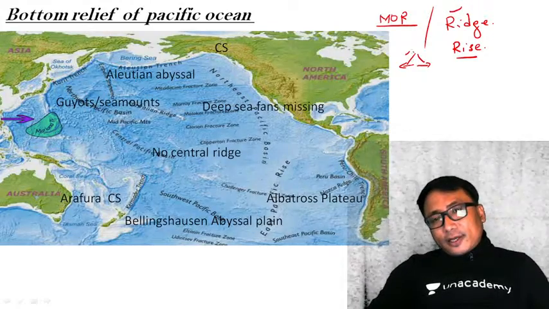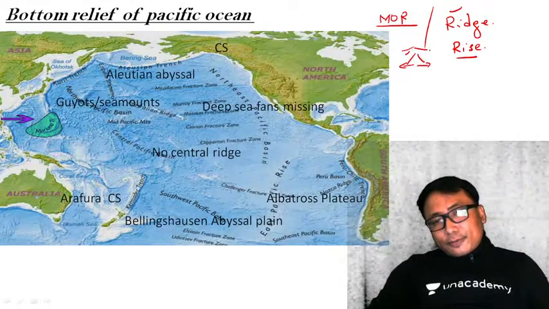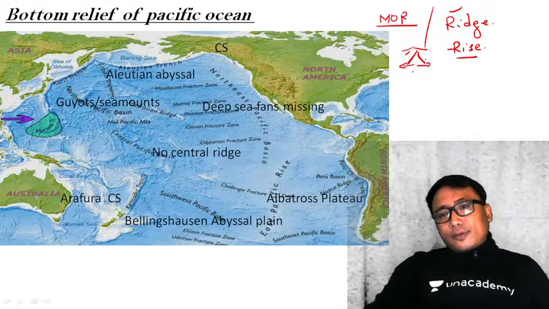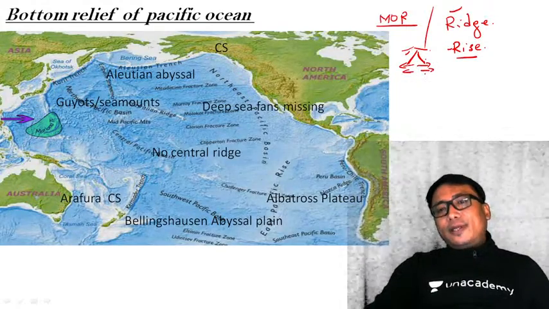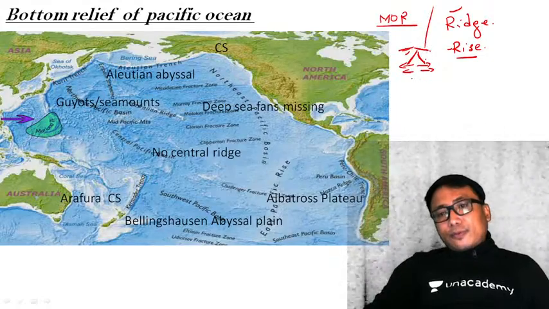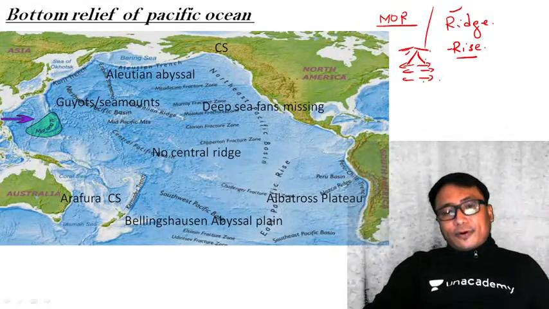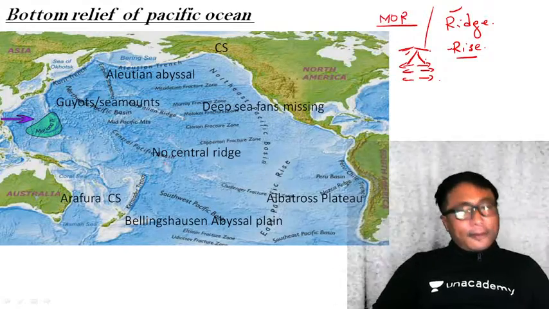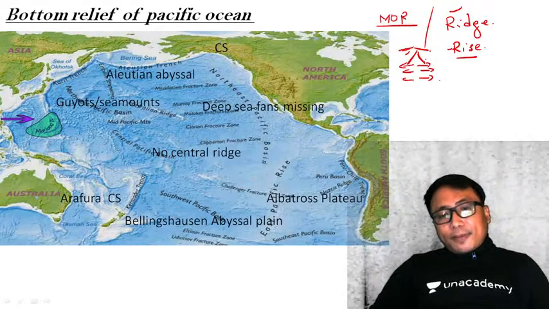If it is a very gentle slope, it is called a rise. The steep slope results because the velocity of the divergent plate is very slow, but a rise happens when the velocity is very high. Therefore, you don't have a central ridge in the Pacific Ocean, but you have the East Pacific Rise.